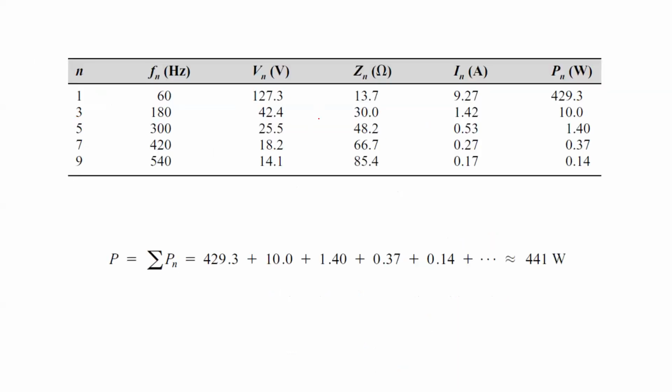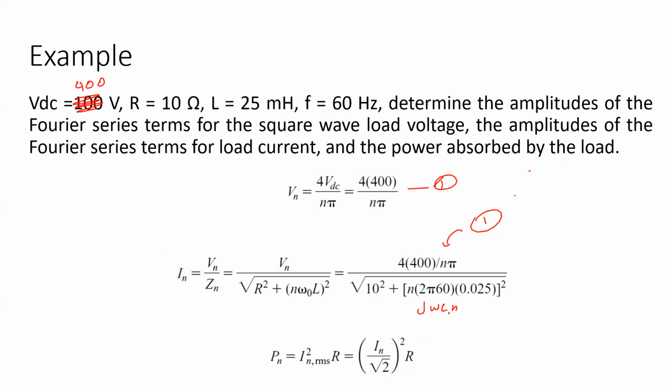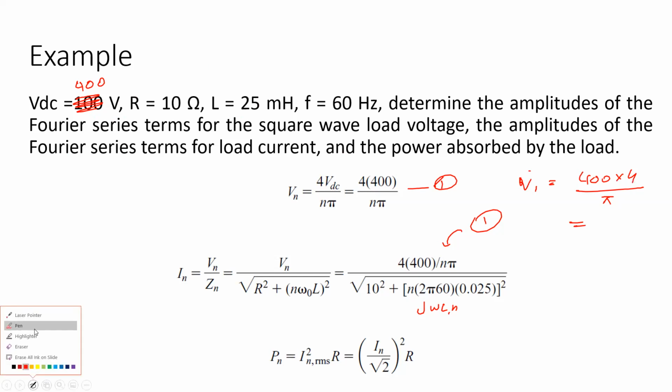So after doing the calculation, for V1 it will be 400 into 4 into π. This one, I think, is correct, so don't change it. The answer here is wrong. This should be changed to 100.